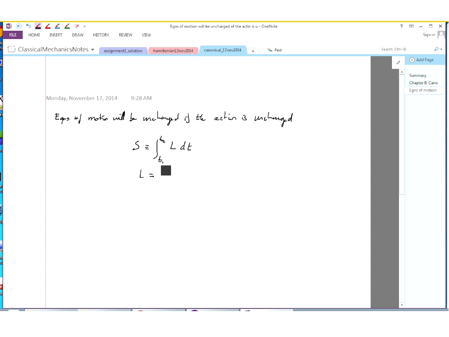So the Lagrangian, remember, is given by the sum i equals 1 to n of qi dot pi minus H. It's the Legendre transform of the Hamiltonian.